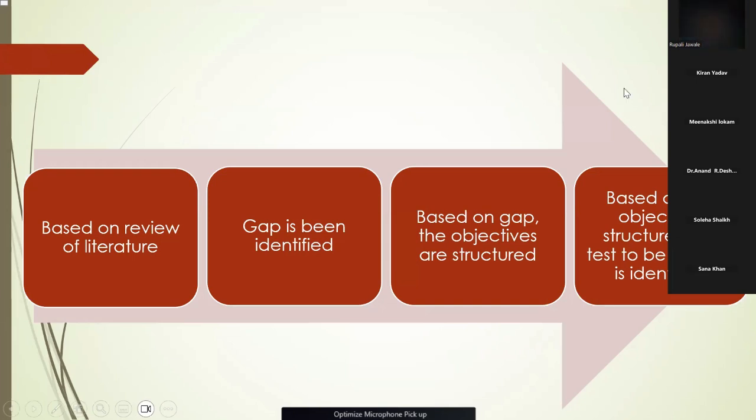So I want to know how to identify a gap, because in my PPT also I am talking about identification of a gap, which is one of the important aspects before you make an objective. Anybody from your side?